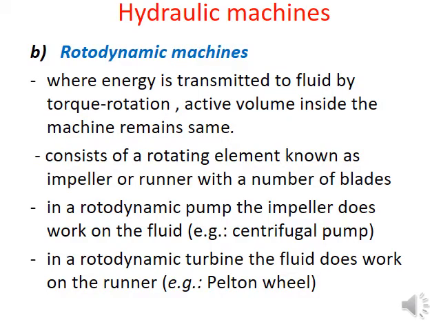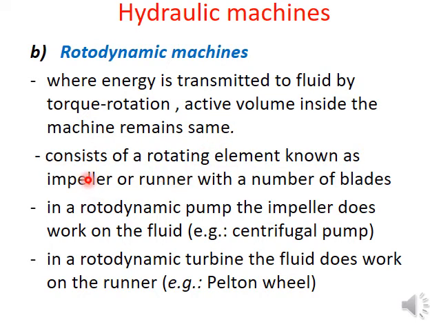So let us see the other type, the rotodynamic machines. There, energy is transmitted to fluid by torque rotation. Active volume inside the machine remains the same, as we discussed before.